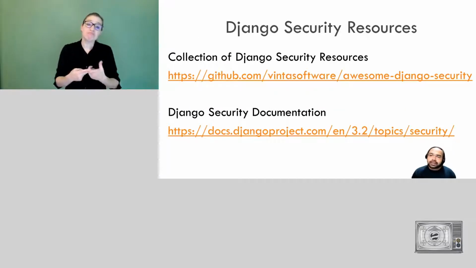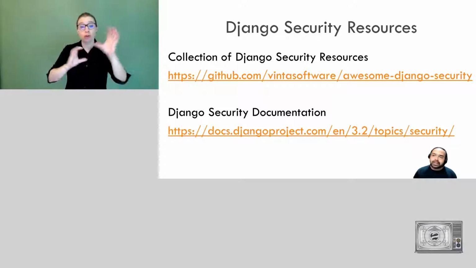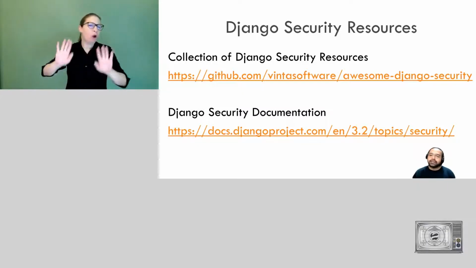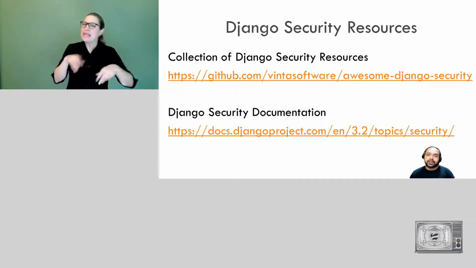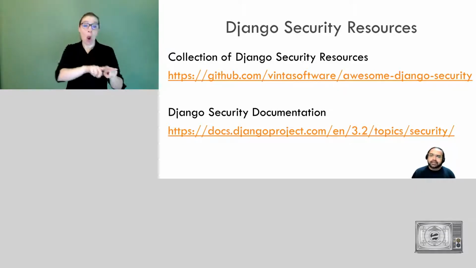Then you can search in Google for awesome Django security projects, or just say awesome Django security. It will lead you to a list of resources related to Django security. You can also refer to the Django security documentation for recent updates related to security issues of the Django framework. It's really a nice source.